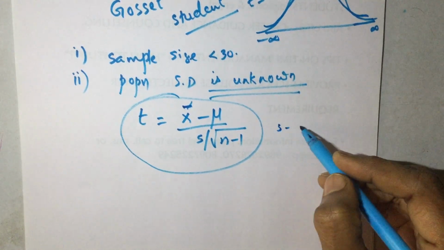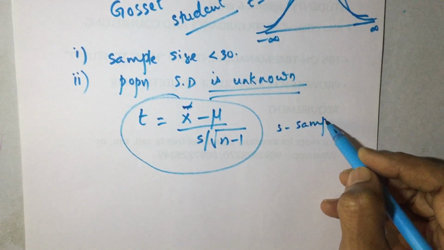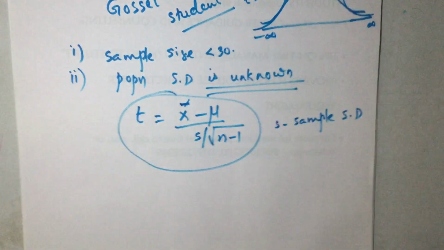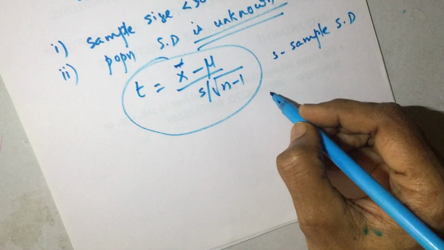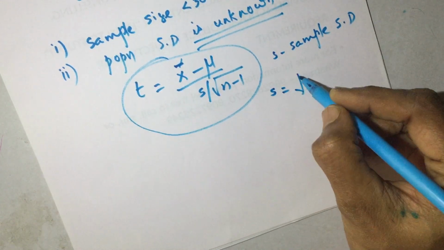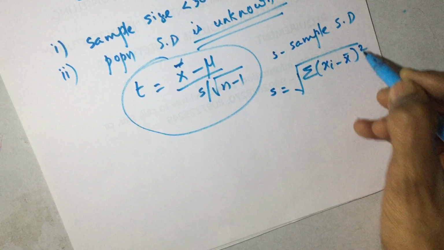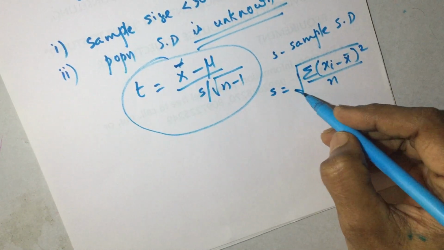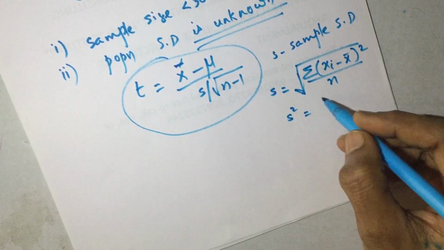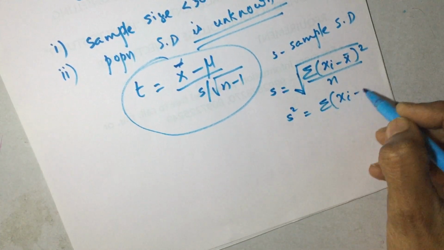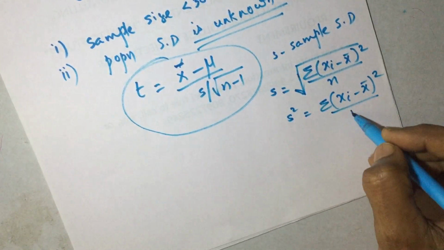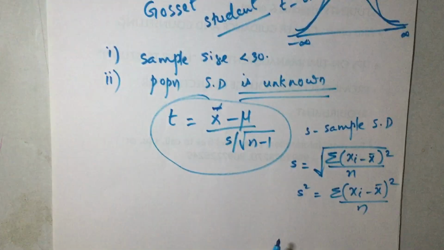Here s is the sample standard deviation, given by s equal to square root of summation of (xi minus x bar) the whole square divided by n. Or, s square, the variance, is summation of (xi minus x bar) the whole square upon n. So t equal to x bar minus mu upon s divided by root of n minus 1 is the statistic to calculate the t distribution.